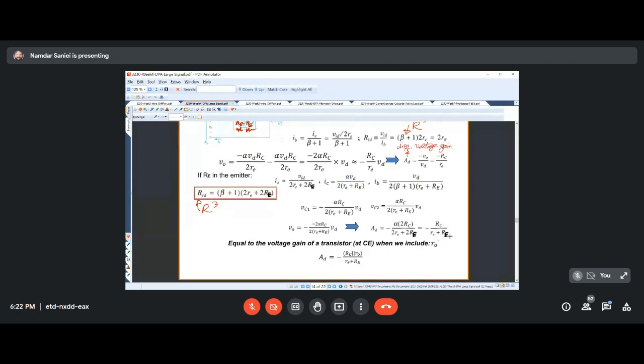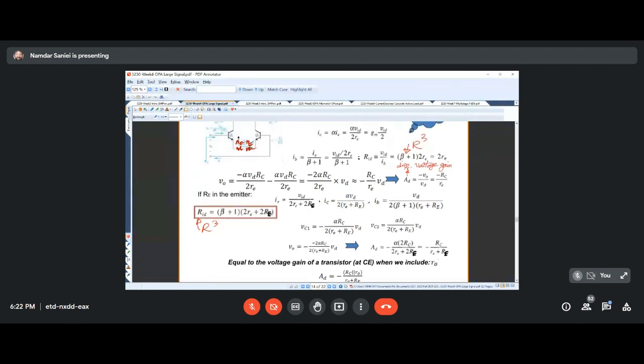Therefore, the Hawaiian dance still applies. And for the input resistance, we used the resistance reflection rule, and we found how much that is. It's just a reflection of the resistances in the emitter to the bases.